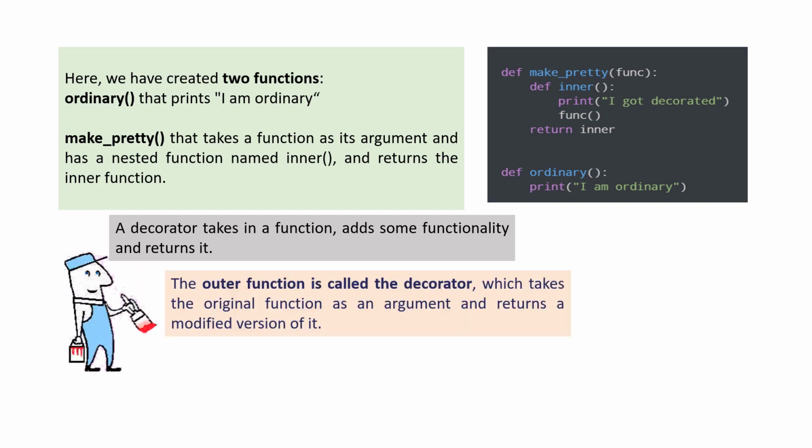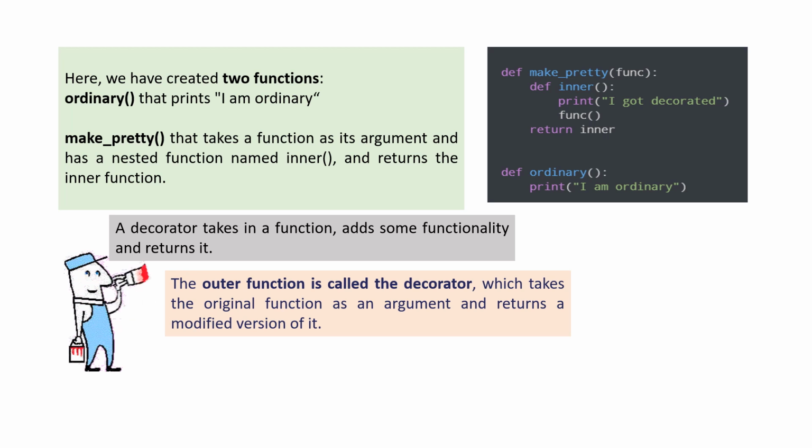The outer function is called the decorator, that is make_pretty, which takes a function as the argument and returns a modified version of it, as you can see in the example. We already said that a decorator is a design pattern that modifies the functionality of a particular function by wrapping it in another function.